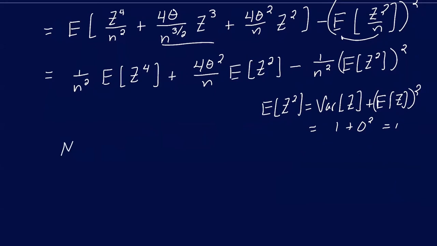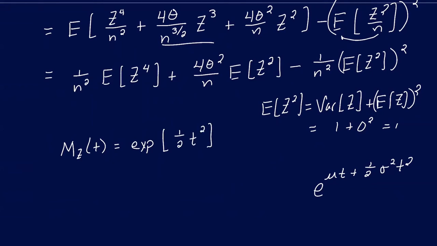So the moment generating function of the standard normal is e to the... in general, for a general normal with mean mu and variance sigma squared, it's e to the mu t plus 1/2 sigma squared t squared. But in our case, the mu is 0 and the sigma squared is 1. So I just get e to the 1/2 t squared.